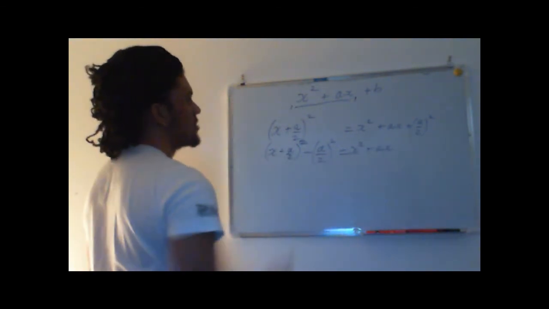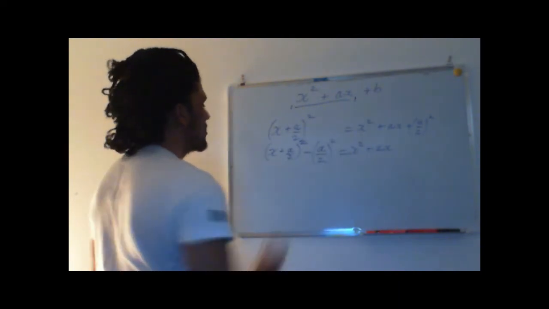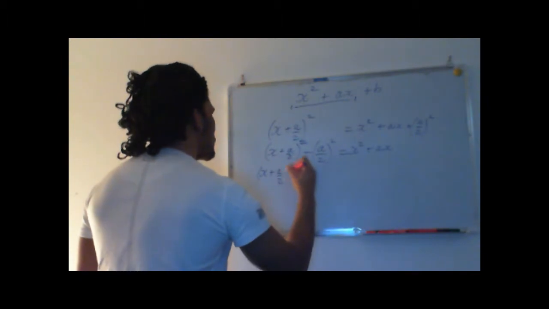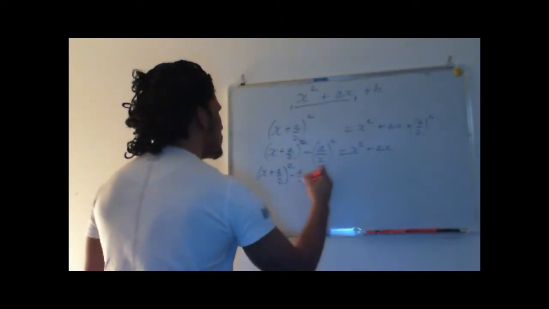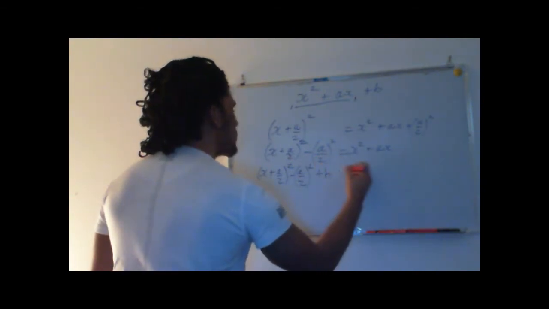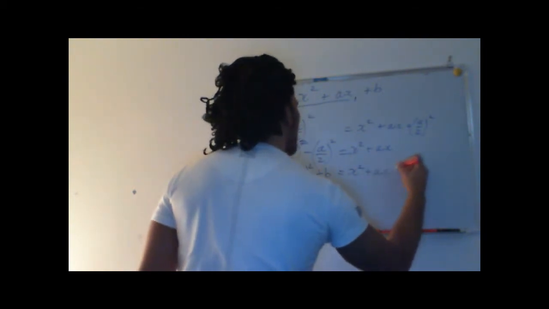Then all we need to do to get this to equal the top expression is add b to both sides. So we get x plus a over 2, squared, minus a over 2 squared, plus b, equals x squared plus ax plus b, which is what we want in the first place.